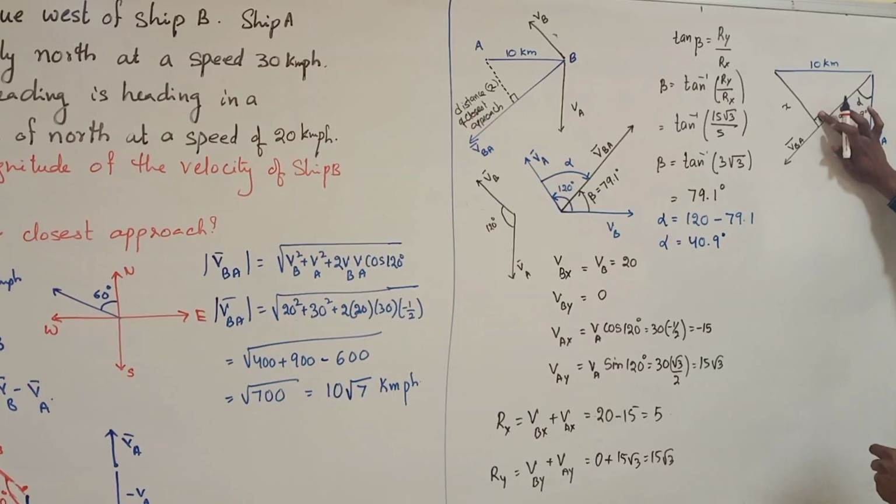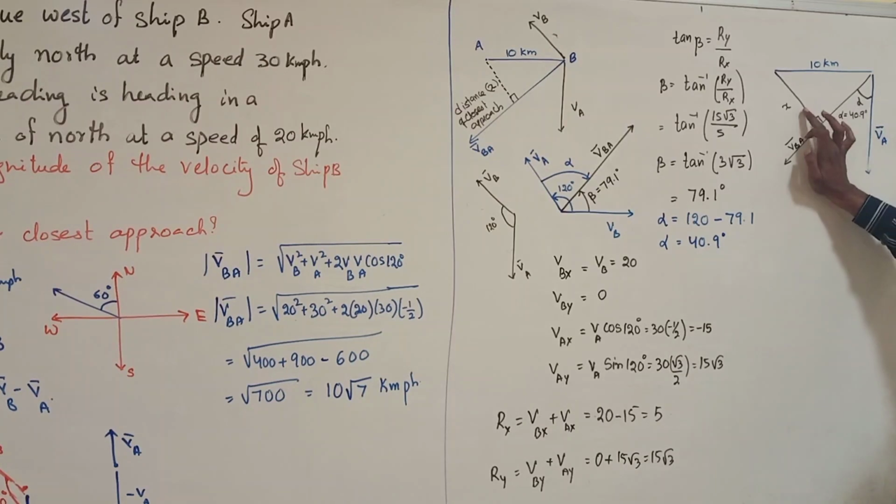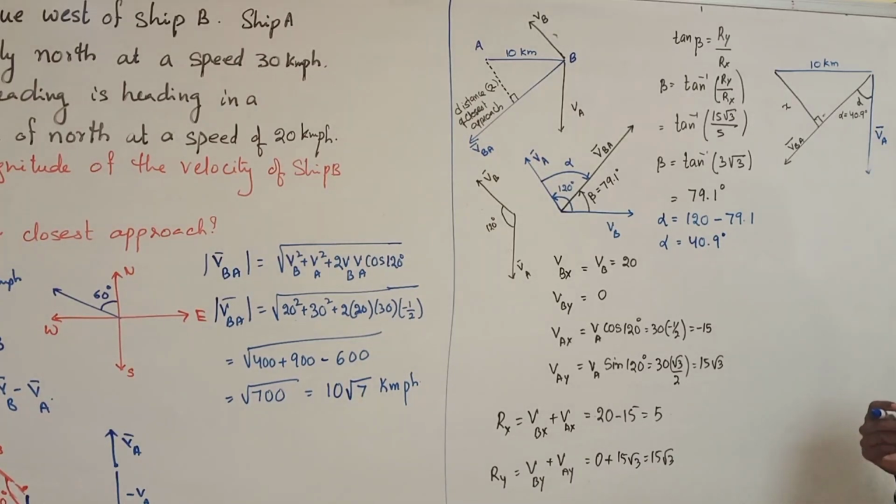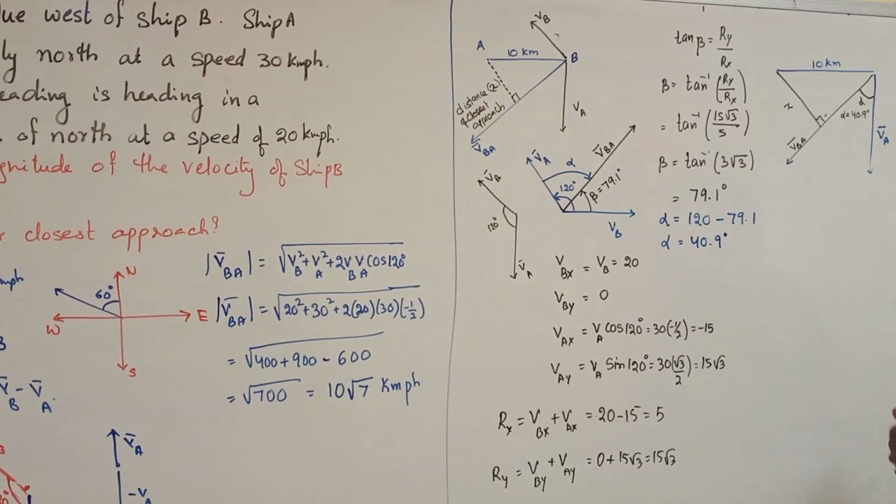Now we need to find x over here. These are the lines, two lines making alpha, and the blue line is perpendicular, and the black line is perpendicular. When two lines make a particular angle, the perpendicular lines will also make the same angle.